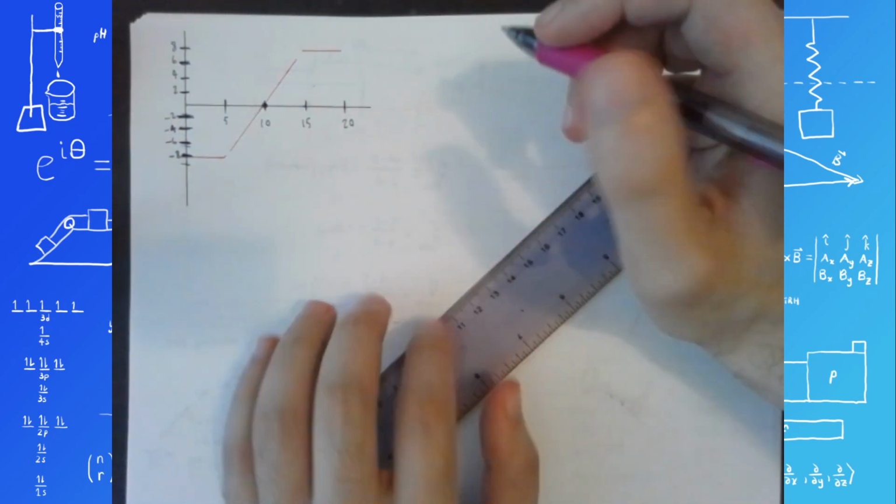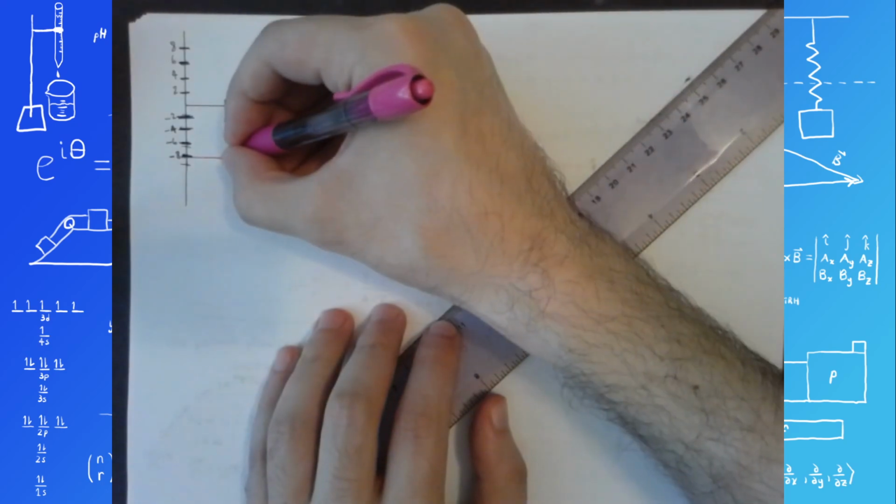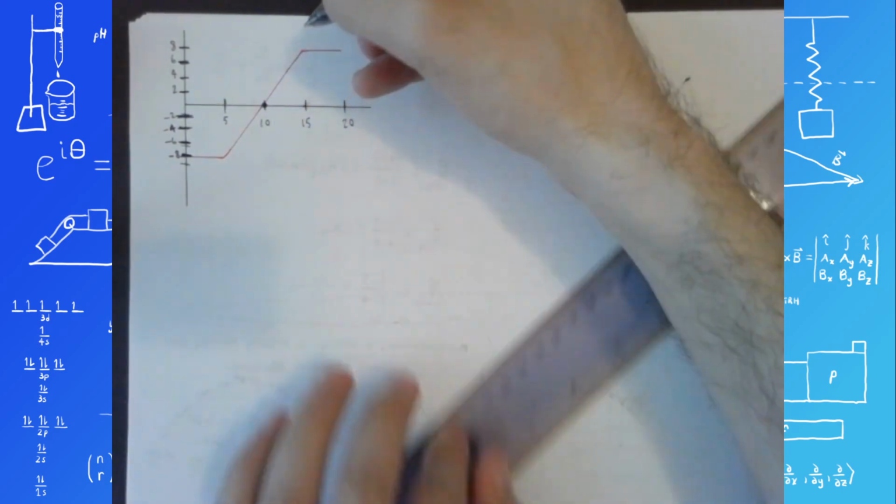Then they show it curving a little bit around here so it's not exactly a sharp turn. It's more of a realistic graph that way.